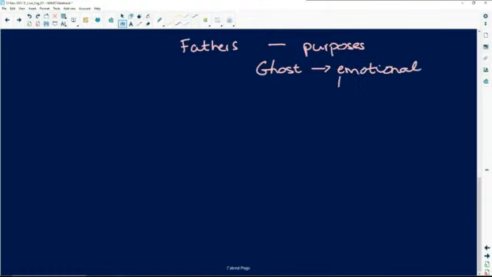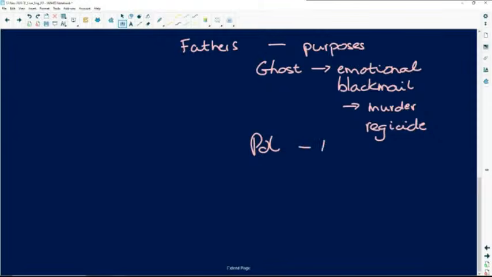It's not very academic. But remember when he says, if ever thou didst thy dear father love. So he uses emotional blackmail to get him to commit a murder, which also happens to be regicide, the killing of a king. And he puts huge pressure on his son. Then we've got Polonius. We've already discussed him and Laertes and Ophelia. You'd go into more detail. And you've got a stepfather in this play.